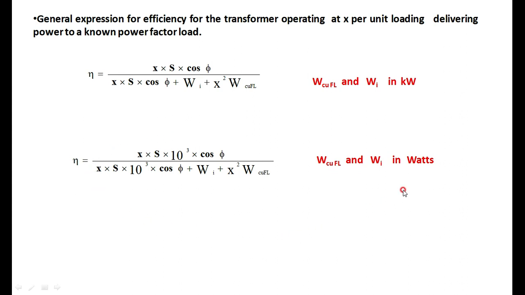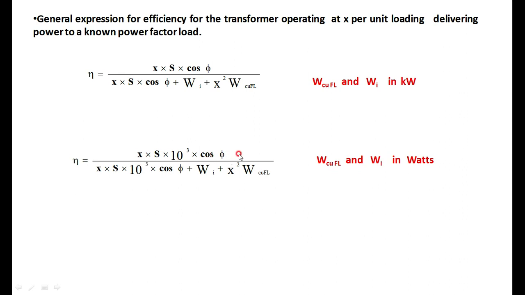Otherwise, in a simple way, you can express x into S in terms of watts only. S is in terms of kVA; to convert it to volt-ampere you have to multiply by 10 raised to 3, and by cos phi.